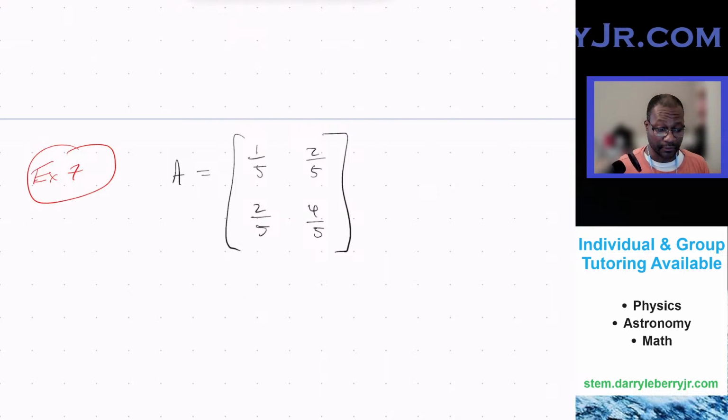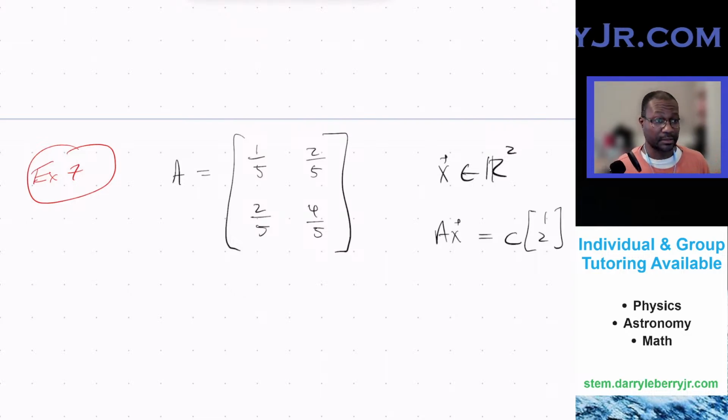We might observe that for every x in R2, Ax is a scalar multiple of 1, 2.